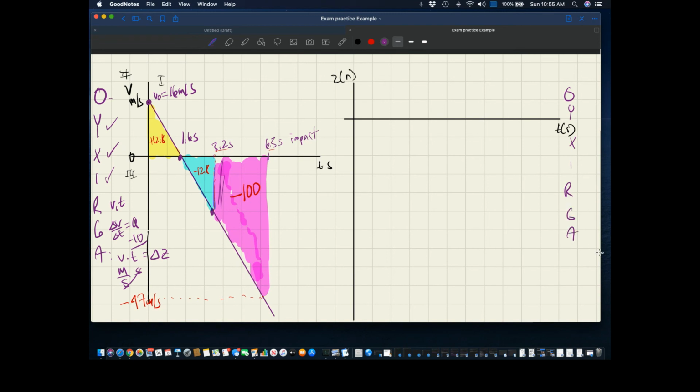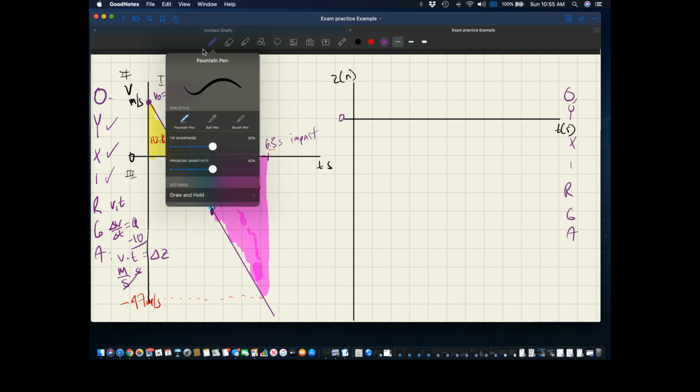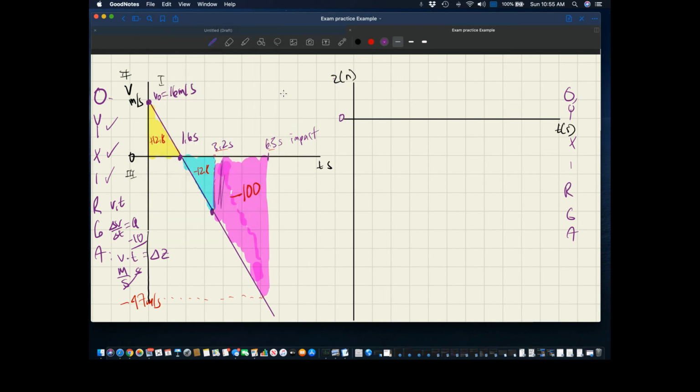Well, let's see. The origin we've got is 0, 0. And that origin, we know where it is. Our y-axis is the position. We've got that. X-axis, time in seconds. Our intercepts. All right. So at time 0, where is this thing? It's at a position of 0, we said.